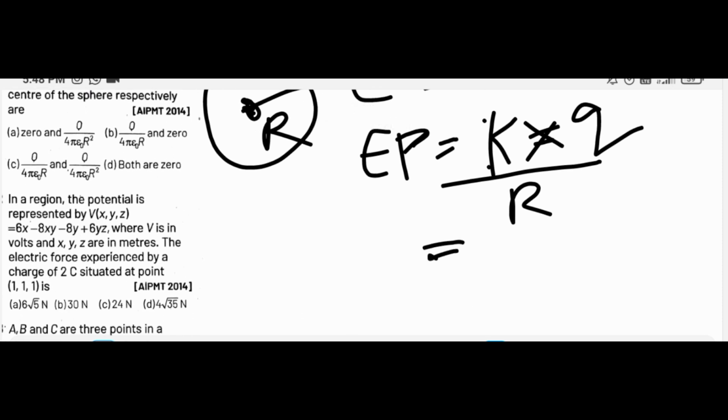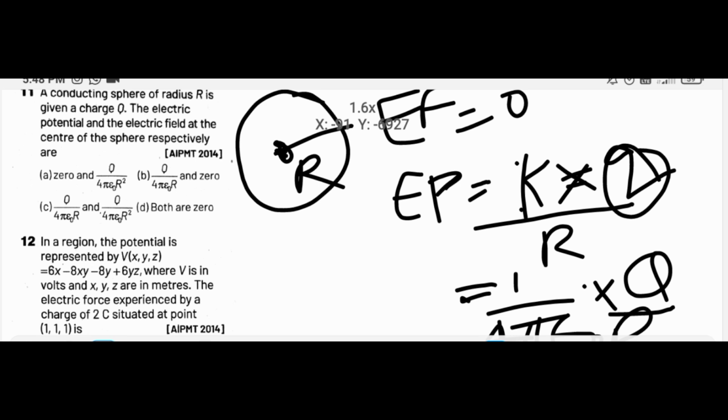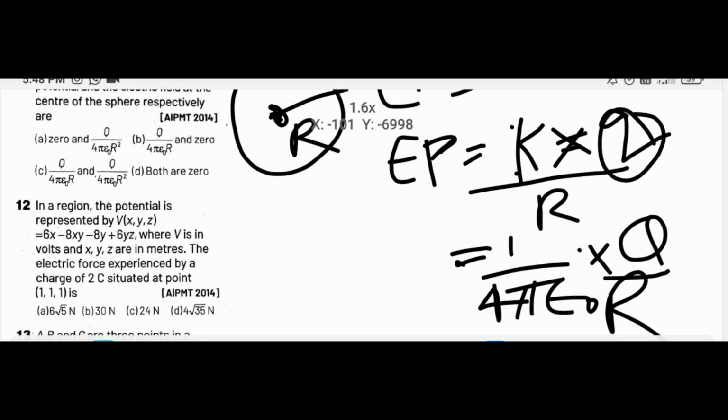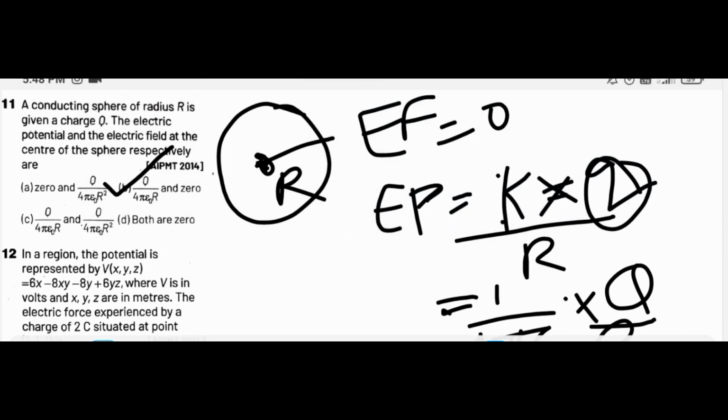So substitute it, that is 1 by 4 pi epsilon naught into charge taken as a capital Q. Whatever is in the option, take that reference and substitute, and radius given as a capital R only. So the electric potential will be Q by 4 pi epsilon naught R, and electric field is 0. The option will be B.